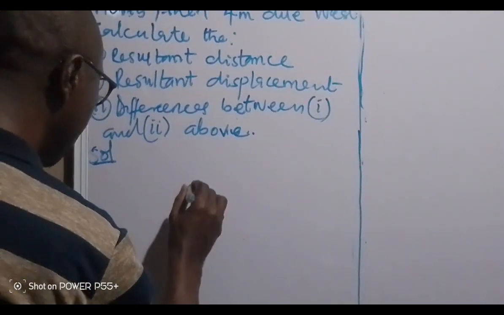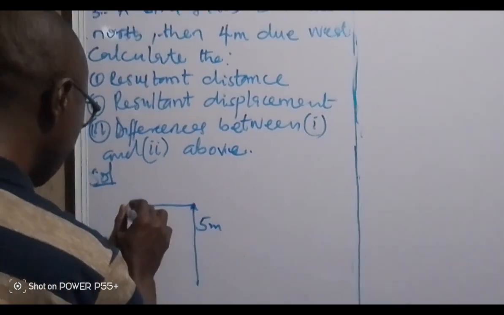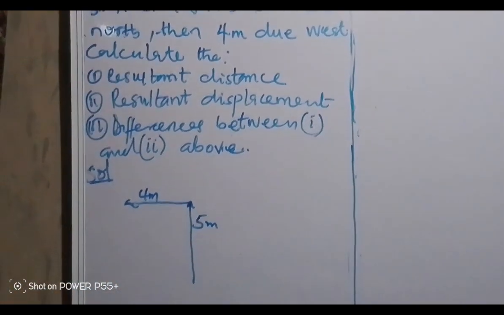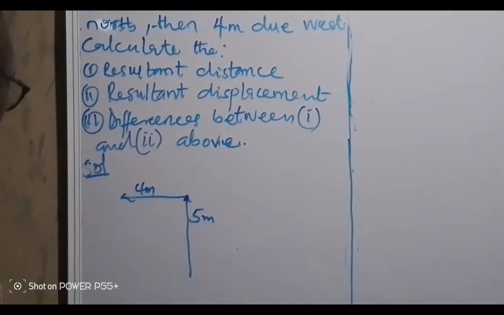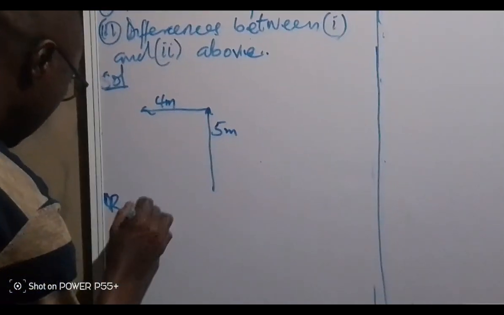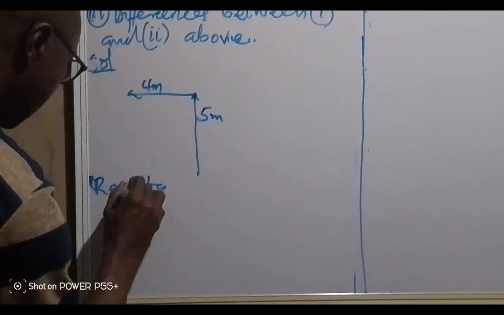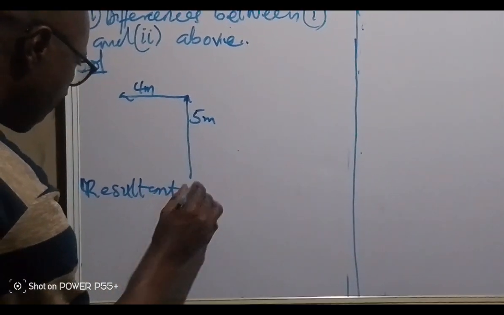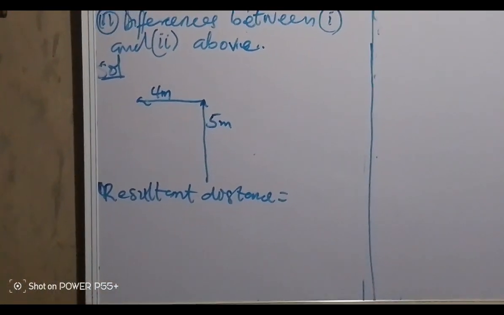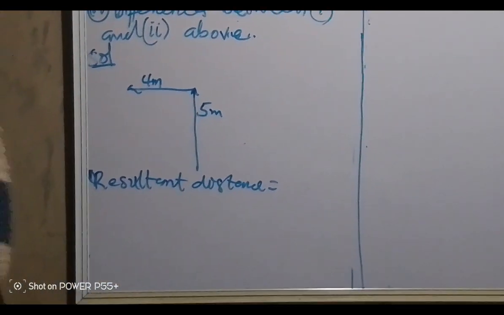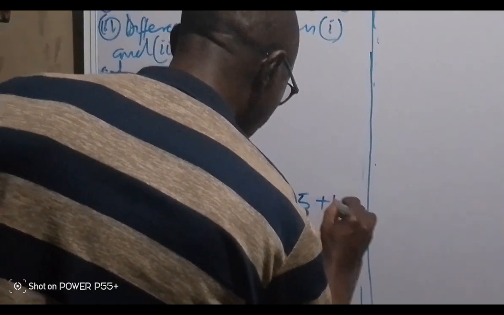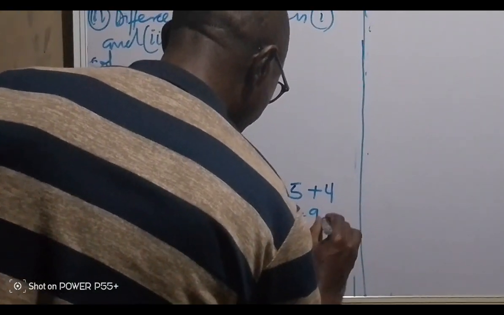You then say to west, 4 meter. So the question says you calculate the resultant distance. One now, resultant distance. As we said, since distance is a scalar quantity, it will be 5 plus 4 equal to 9 meter.